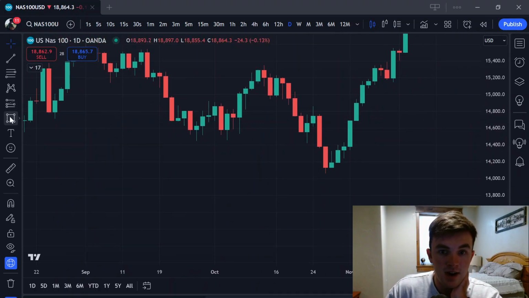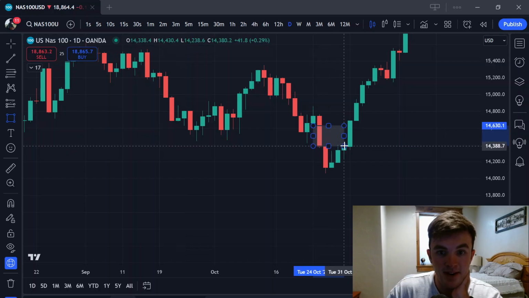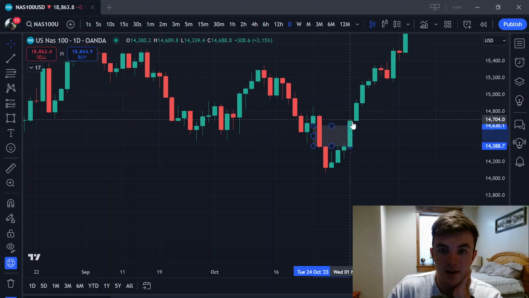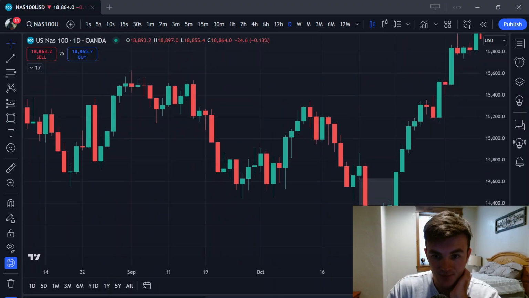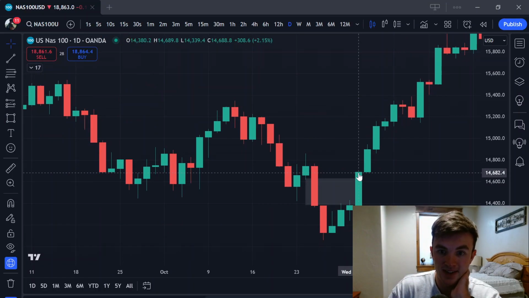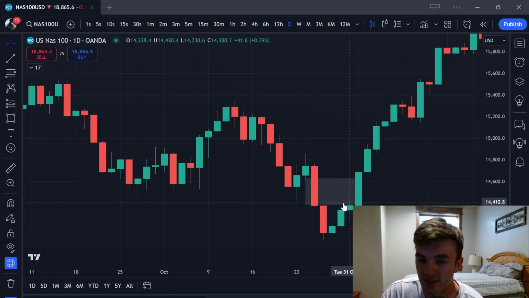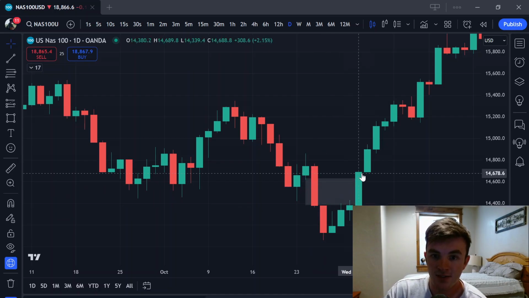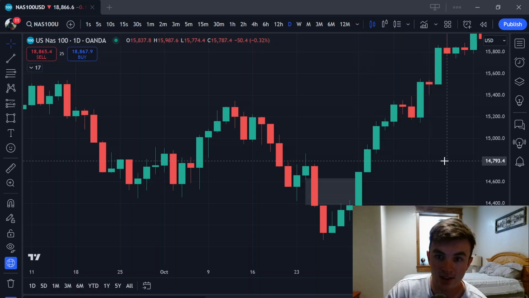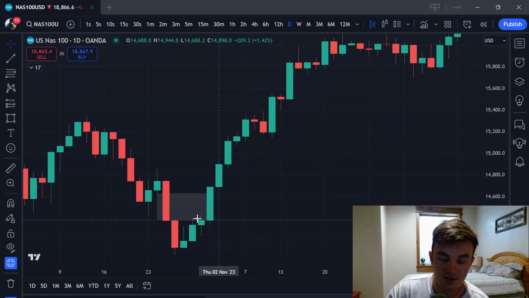But see this gap right here? When this candle body closes above, that represents an entry point to go long, because this fair value gap was completely ignored. It wasn't respected at all. And so this is now an entry point to go long, and you can see the rest was history.